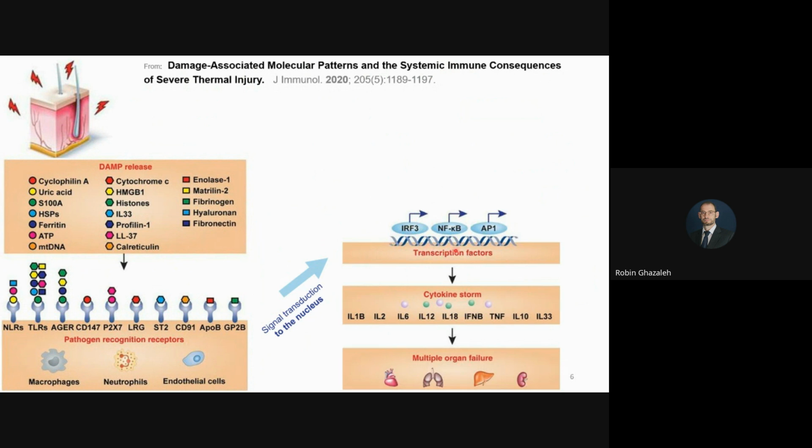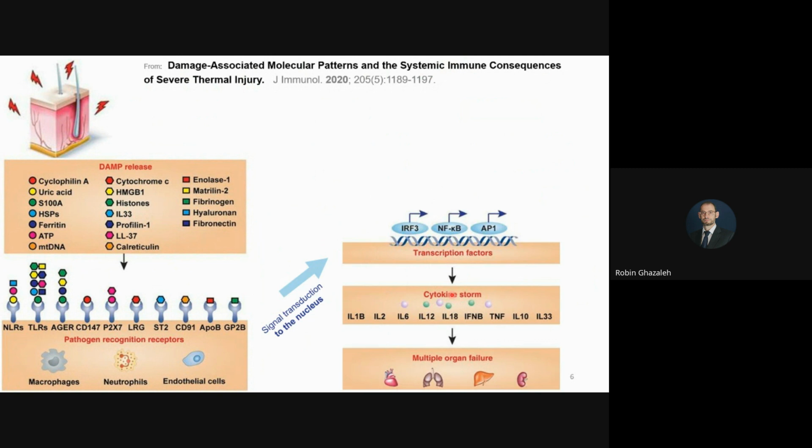And the response is we get the production of a number of cytokines. And this response can be harmful if the response is too strong, and we get what's called a cytokine storm. And cytokine storm is not uncommon for severe acute respiratory distress syndrome.